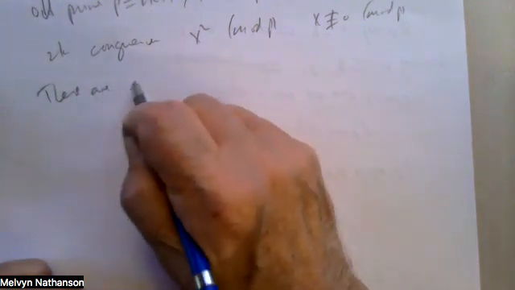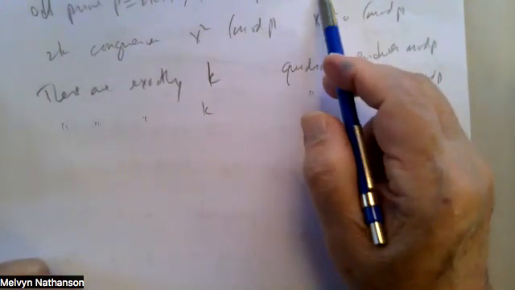The x can run through 2k numbers, and x and minus x are the same when you square them. So there are exactly k quadratic residues mod p, and there are exactly k quadratic non-residues mod p. And what is k? k is p minus 1 over 2.